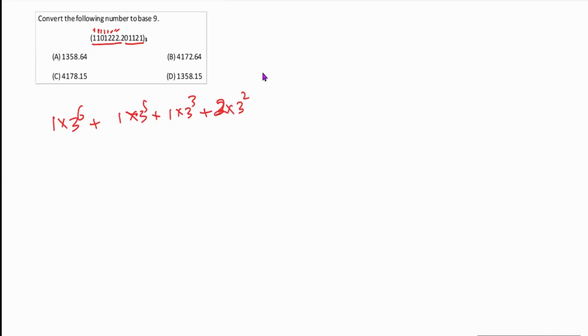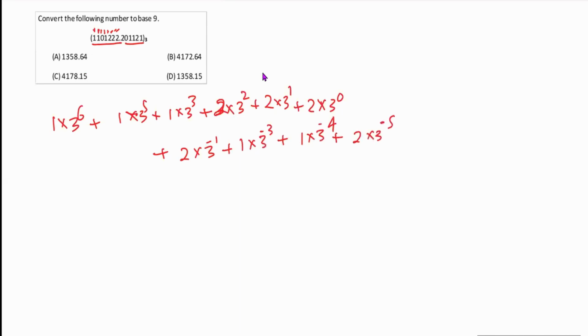Then 3 to the power 2 plus 2 into 3 to the power 1 plus 2 into 3 to the power 0 plus 2 into 3 to the power minus 1 plus 1 into 3 to the power minus 3 plus 1 into 3 to the power minus 4 plus 2 into 3 to the power minus 5 plus 1 into 3 to the power minus 6.